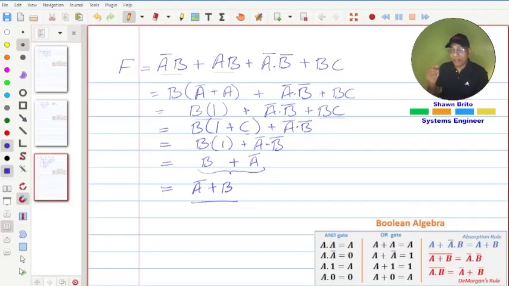Now, the way they got that is by using Boolean algebra. If you look at this particular function over here, look how many steps were reduced. How many transistors are operating here?